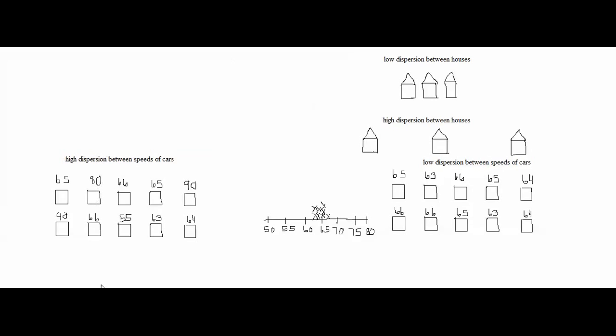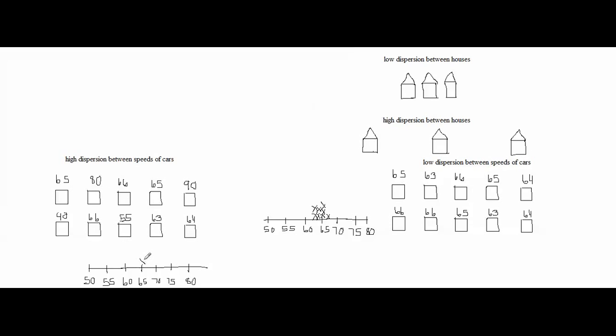And we can even see that if we made a number line. Now we have one car going 65 miles per hour.